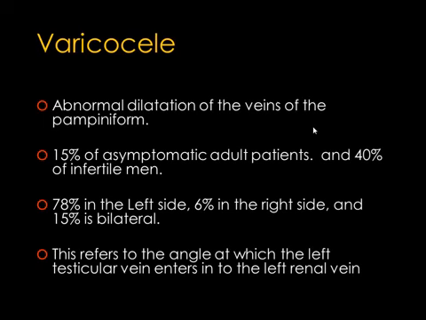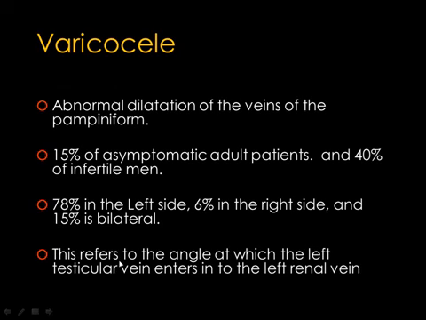Varicocele. Varicocele is an abnormal dilatation of the veins of the pampiniform plexus located within the spermatic cord. The varicocele is present in up to 15% of asymptomatic adult patients and 40% of infertile men. 78% of it is on the left side, 6% on the right side, and 15% is bilateral.